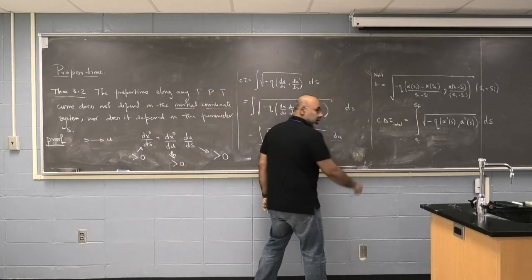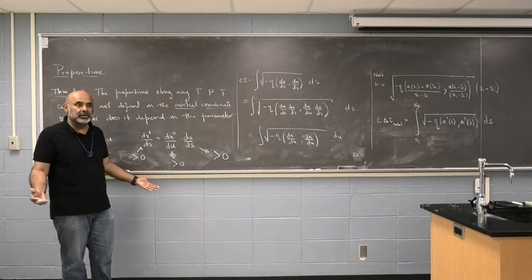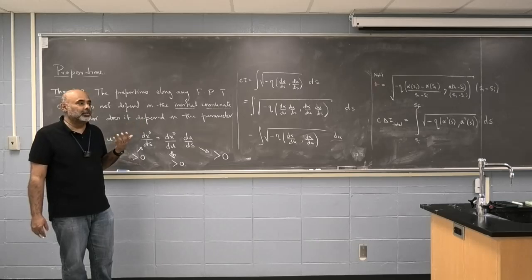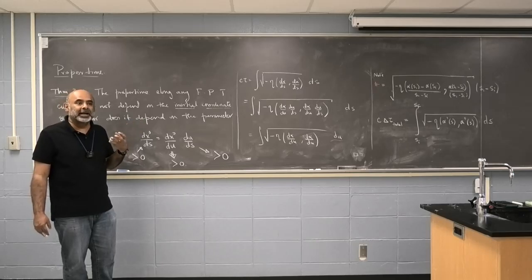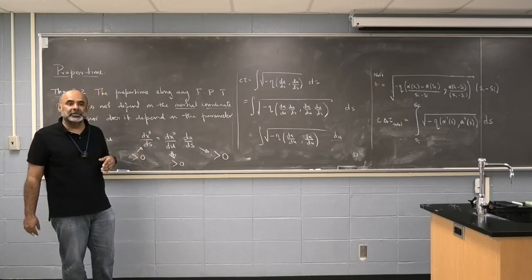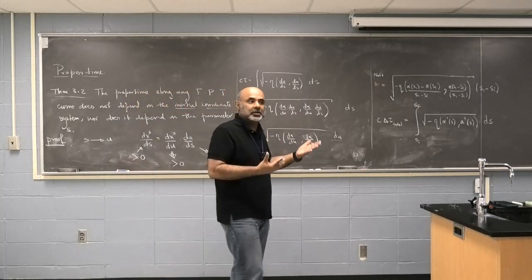So the proper time does not depend on the inertial coordinate system, nor does it depend on this arbitrary s. Remember, in the beginning we talked of not having a nice time coordinate to parameterize the path of an object, because t is like x, y, and z. It's a coordinate system.